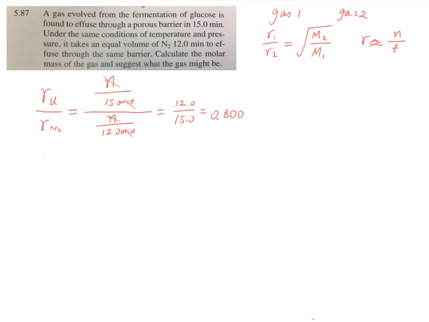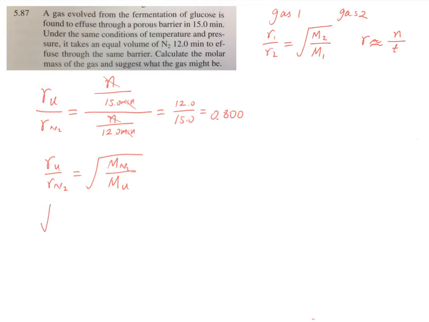Then we also know that RU over RN2, the effusion speeds, equal the square root of the molecular weight of nitrogen over the molecular weight of the unknown. Now we combine this equation with the previous one.